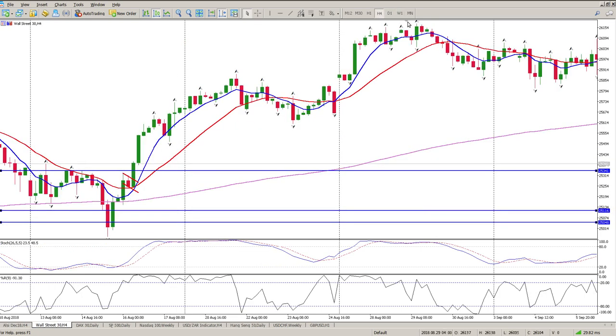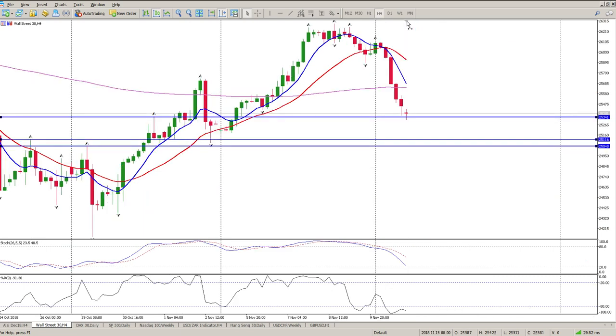I just remember seeing divergence. Okay, here we go. So here's the previous swing low, here is the next swing low, and if you look at the oscillator here, we have divergence. In other words, we have a higher low on price, but we've got a lower low on the oscillator. Not too worried about between there and there. I'm looking at from here to here.